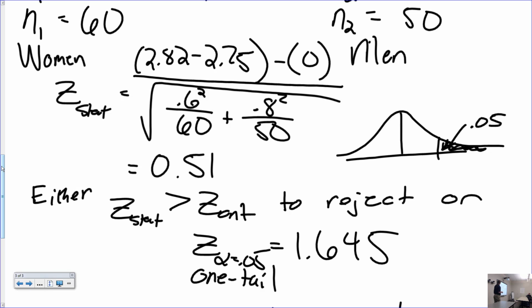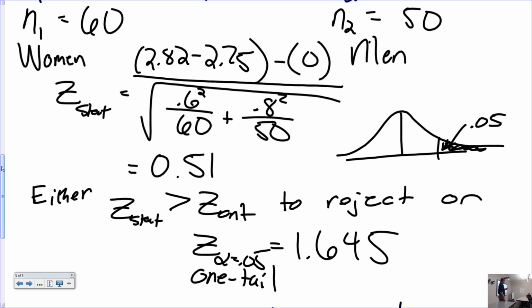When you subtract the two on the top, you get 0.07, I agree. Then divide by parentheses, 0.6 squared divided by 60 plus 0.8 squared divided by 50. Close those parentheses. Oh, did you get 3.672? No, I got 0.07.